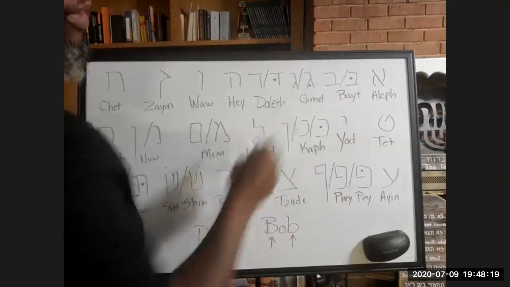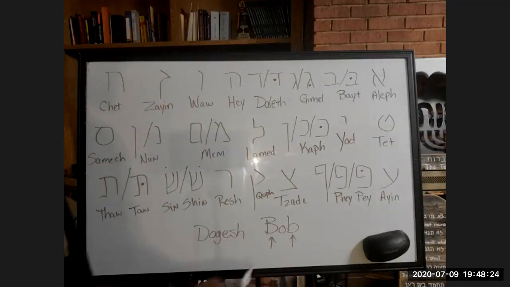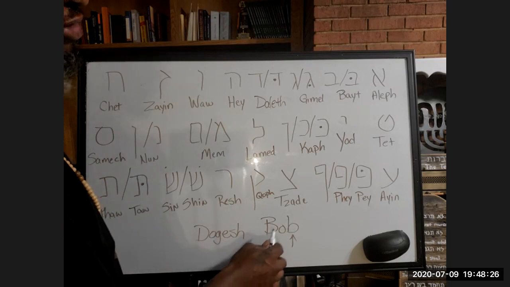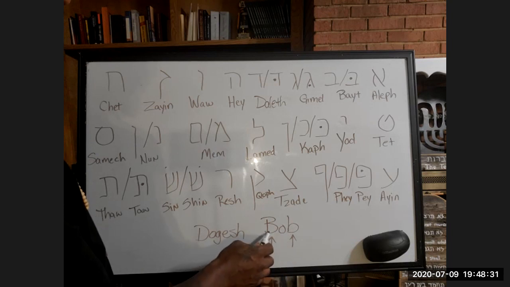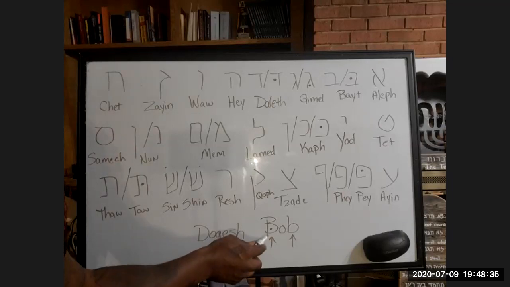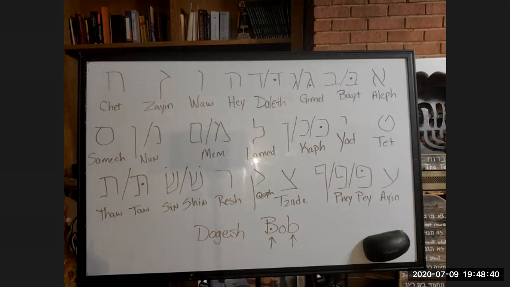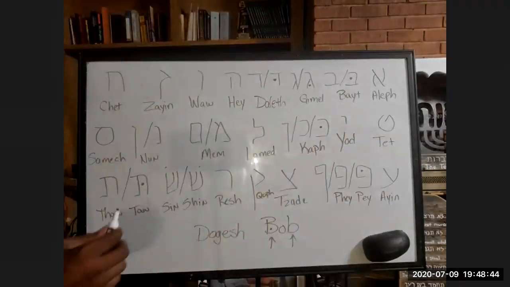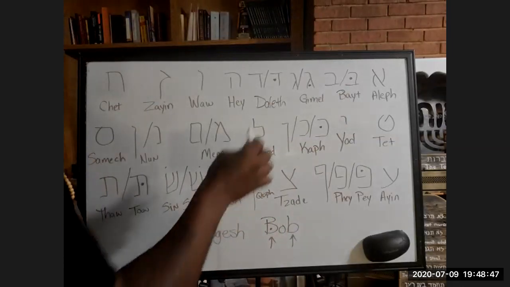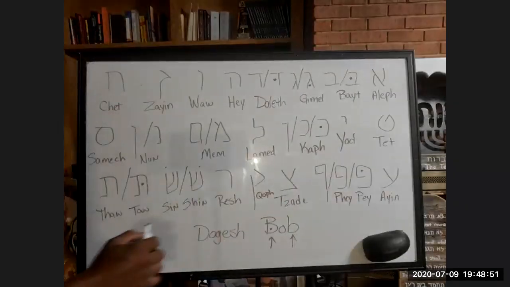That is your B without the dagesh, the soft B. If you pay attention to how you say Bob, you don't pronounce this B the same way you pronounce this B. So this would have a dagesh, no dagesh. Hard B, soft B. That is your bait and your vait, soft B. So it's not an implosive sound.